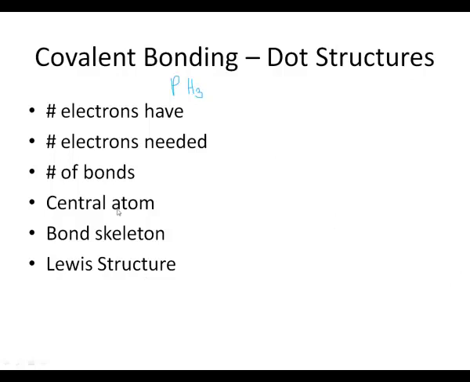Okay, so first thing to do is to figure out the number of electrons that I have. Phosphorus is going to have 5 valence electrons, and hydrogen is going to have 1, but there's 3 of them. So that's 8 total.